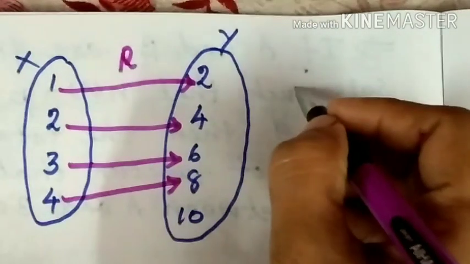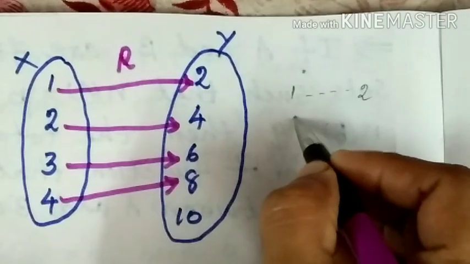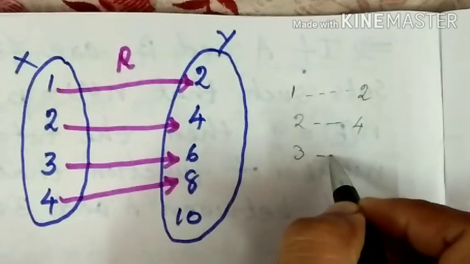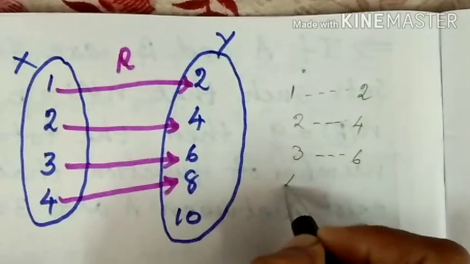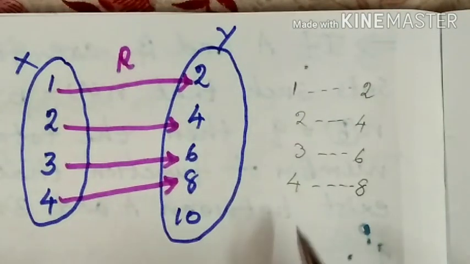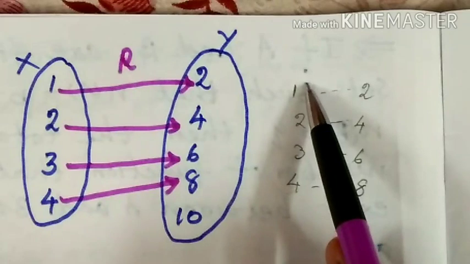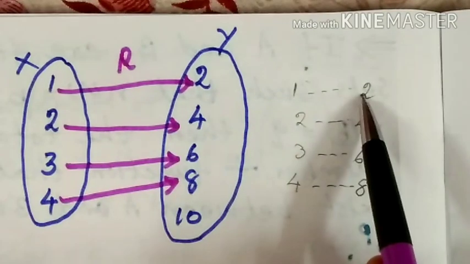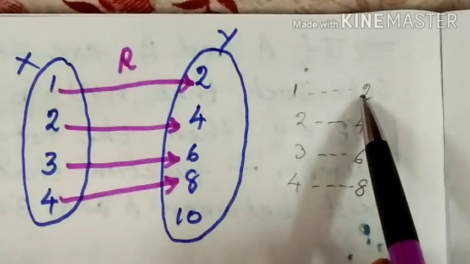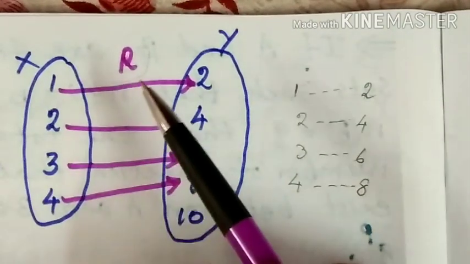See here, 1 associated with 2, 2 associated with 4, 3 associated with 6, 4 associated with 8. That is, every element of the first set X is associated with only one element of the second set Y. So this relation R is a function.